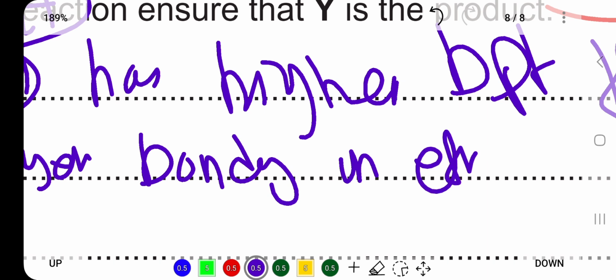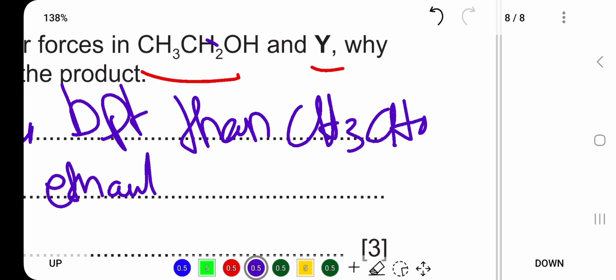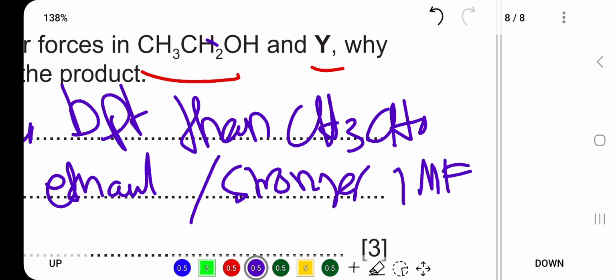So ethanol has stronger intermolecular forces.